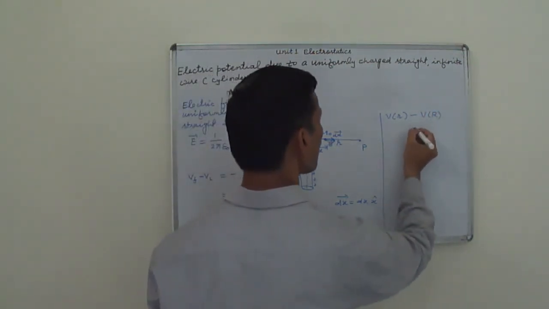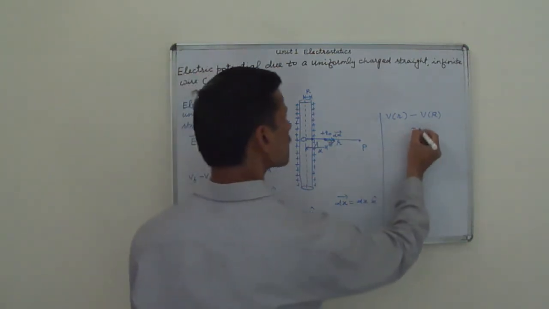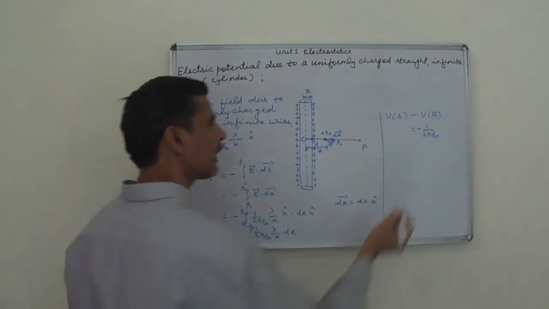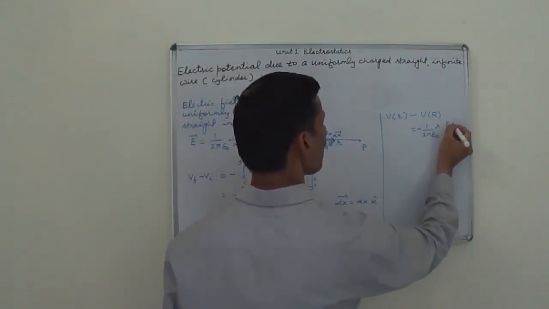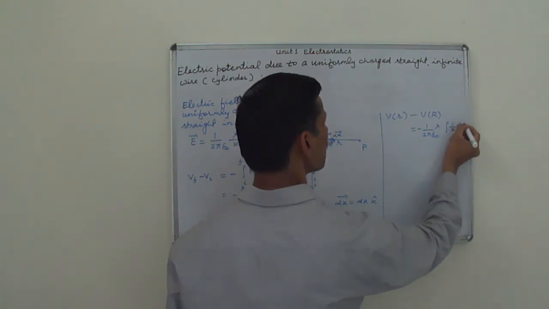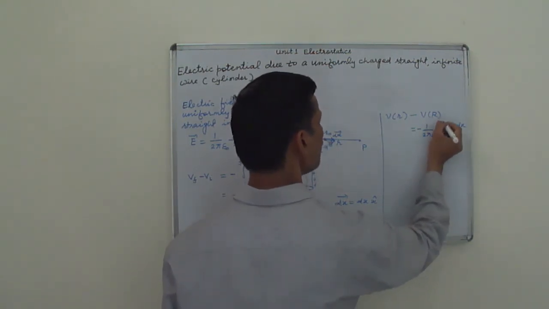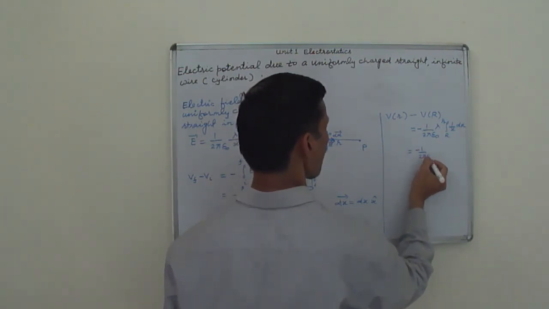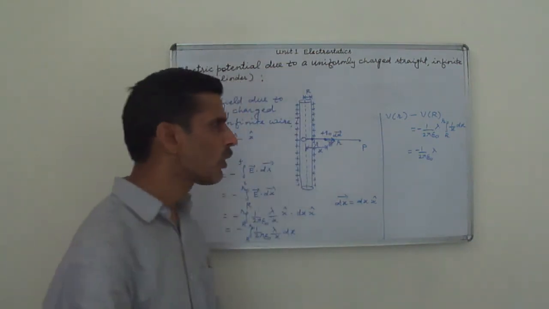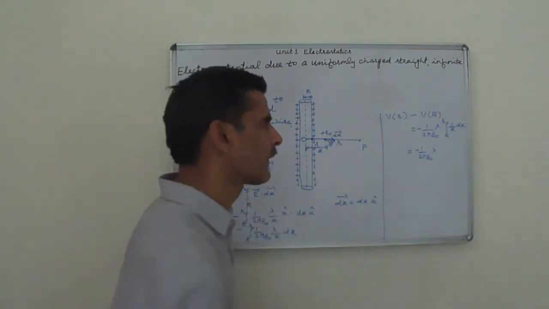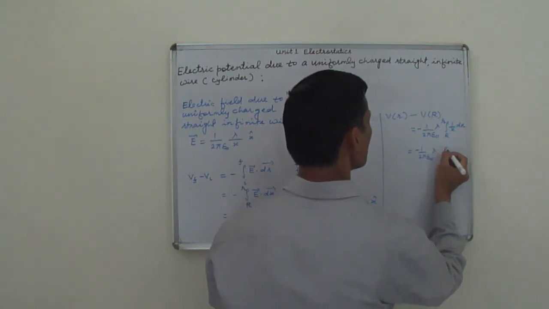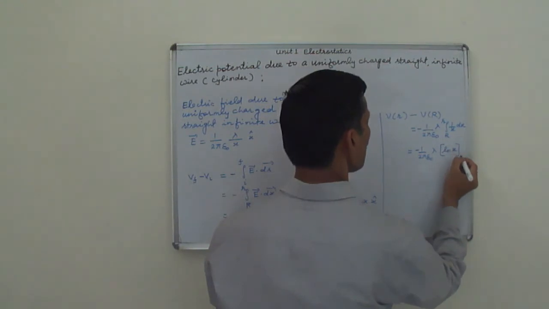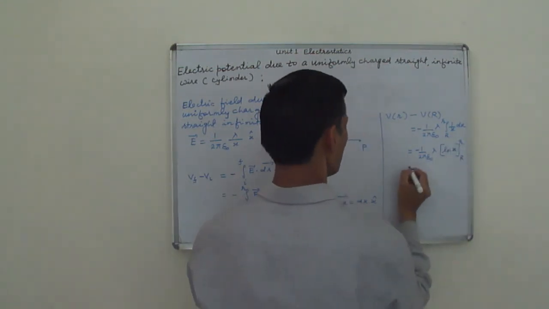It is equal to minus 1 upon 2 pi epsilon naught, lambda is constant, and here you have 1 upon x dx. Limits are from capital R to small r. And you know integration of 1 upon x dx is log x. So natural logarithm ln x, limits capital R to small r.